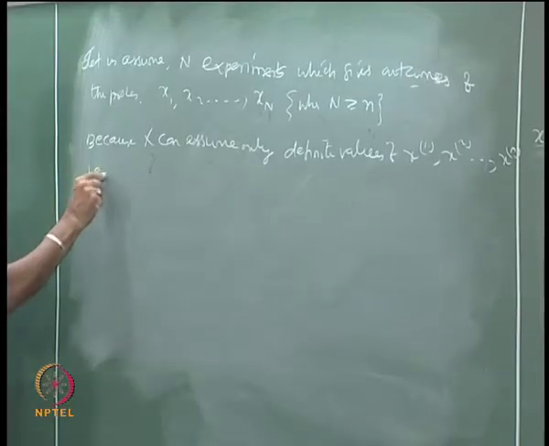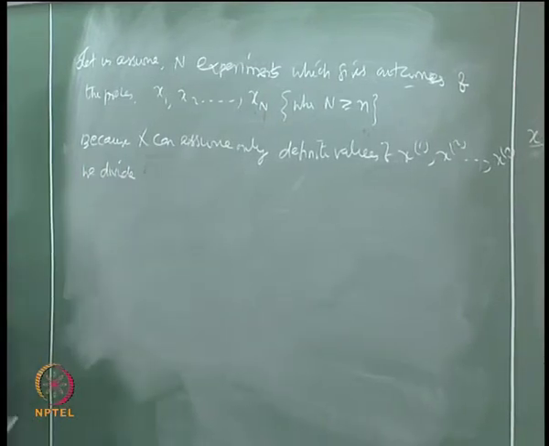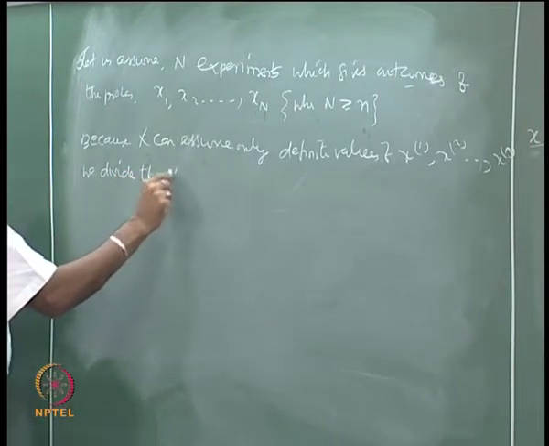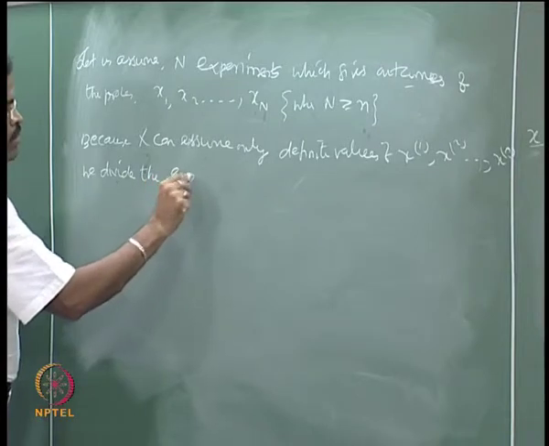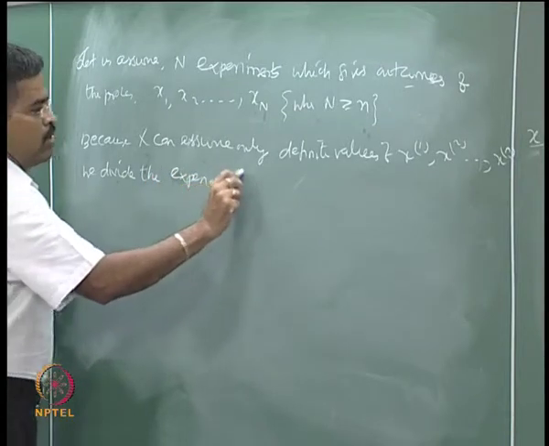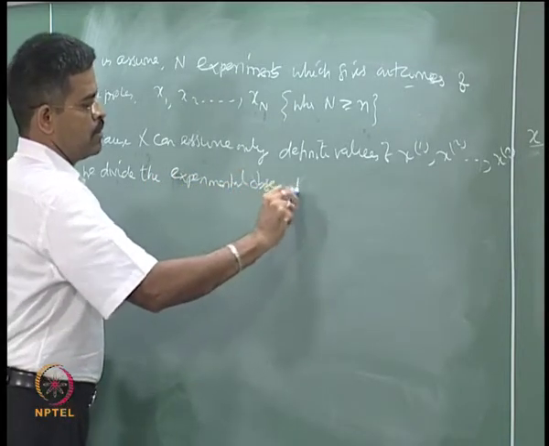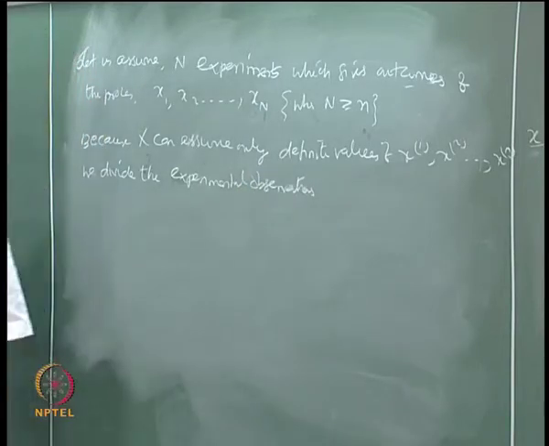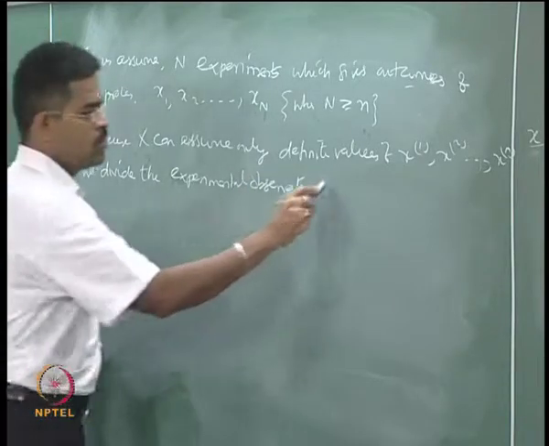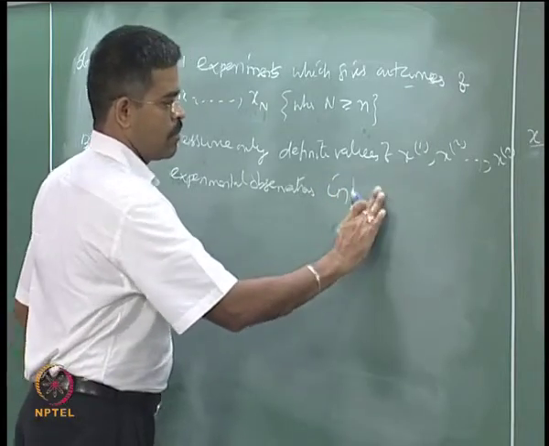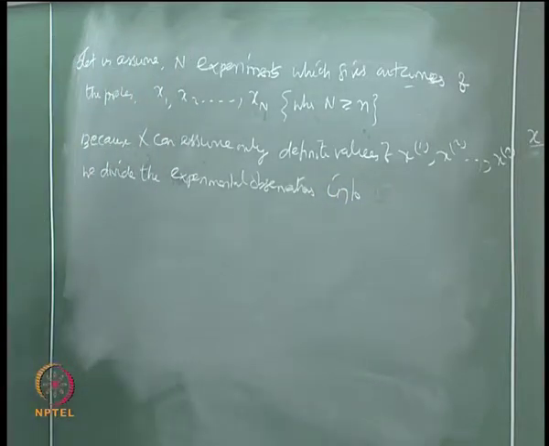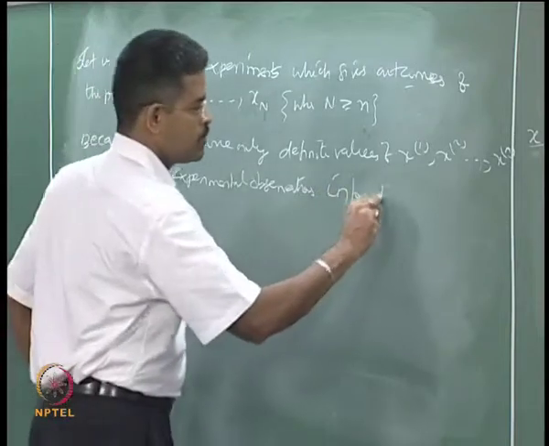We divide the experimental observations, the sea state elevation, into n groups.